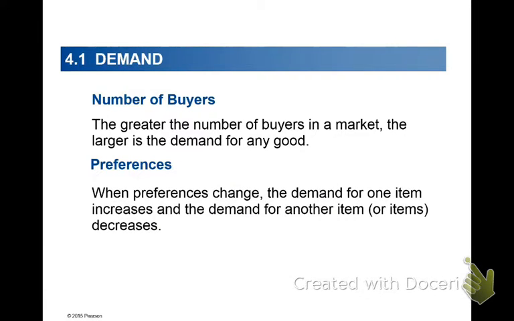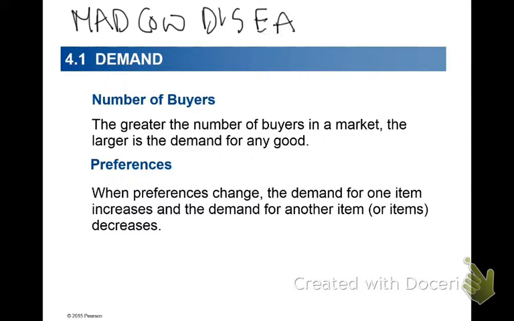I want to start with an example. If any of you remember, there was this thing called mad cow disease in the 1990s. Mad cow disease was a very serious issue. What happened was that people feared anyone who bought meat in Europe in the 1990s would contract this disease, and people were really scared.